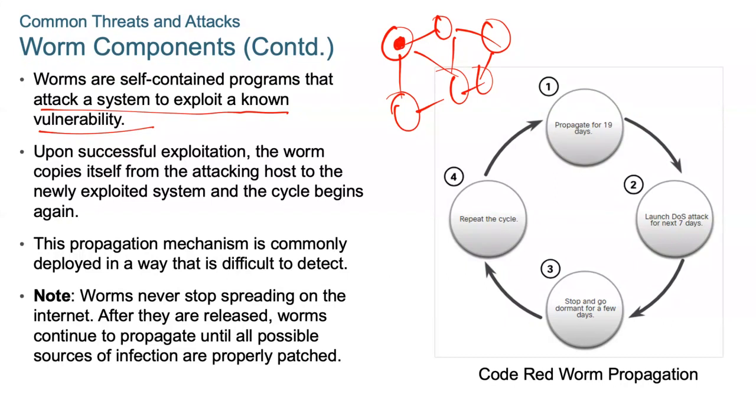From that infected system, they use it as a base and from there try to infect all other systems in the network. Upon the success of the exploitation, the worm copies itself onto every system in the network. When all the systems are infected, the systems in the network become down.